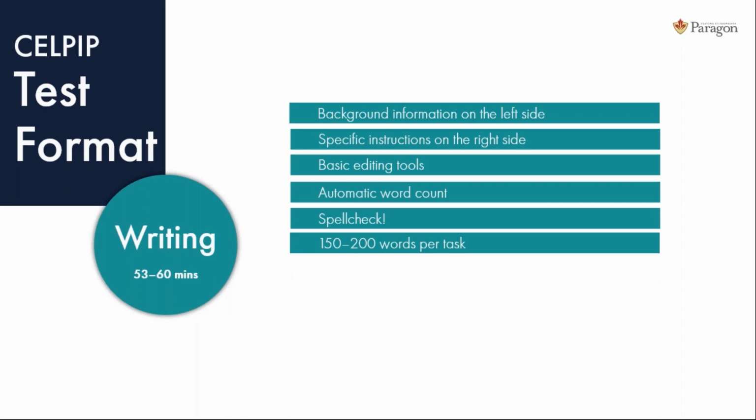They both have 150 to 200 words. So you're expected to write between that, and you really should try to stick within 150 to 200 words. Don't go too far under or too far over. You really want to stick within that word restriction.